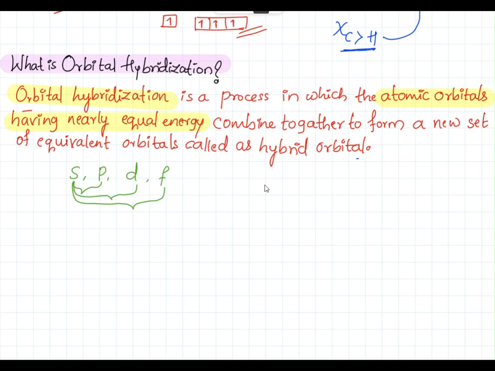So orbitals having nearly equal energy combine to form a new set of equivalent orbitals. S will overlap with s, because they have the same energy, and s will overlap with p, as the energy difference is small. P will overlap with d orbital.